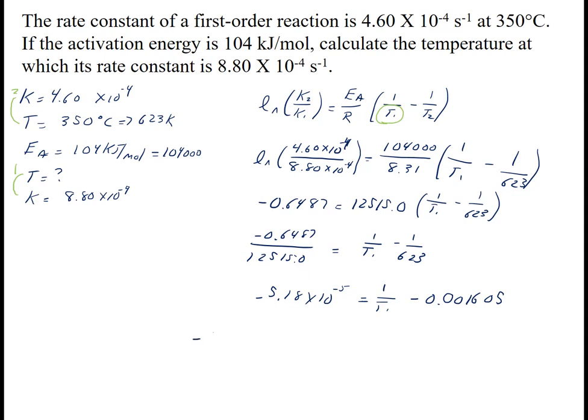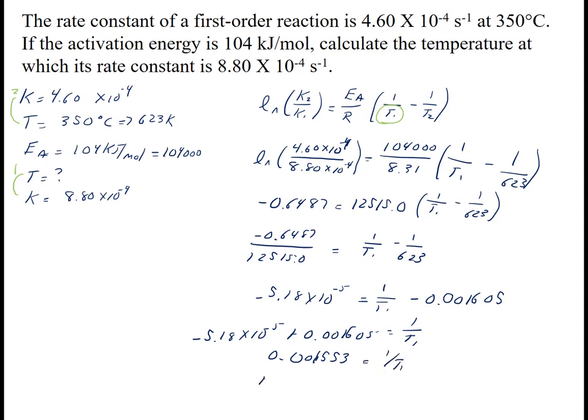So I take a negative 5.18 times 10 to the minus fifth plus 0.001605, that was a 6, is equal to 1 over T1. So when I combine these two here, I get 0.001553 is 1 over T1.